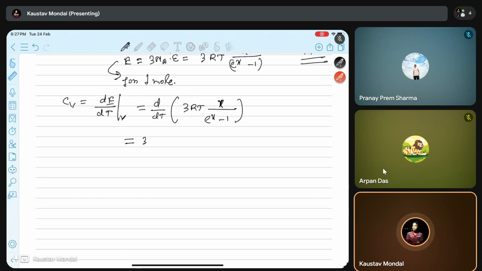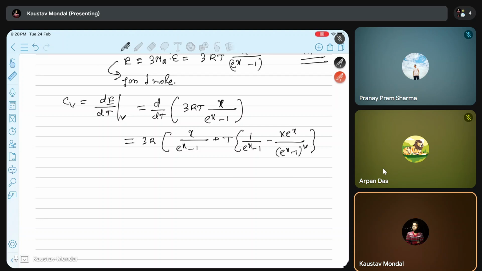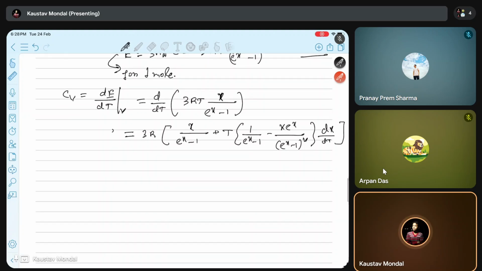After doing that, the expression becomes 3R into x by e to the power x minus 1, plus T into 1 by e to the power x minus 1 minus x e to the power x by e to the power x minus 1 whole square, into dx by dT. This is the full expression of the specific heat at constant volume.